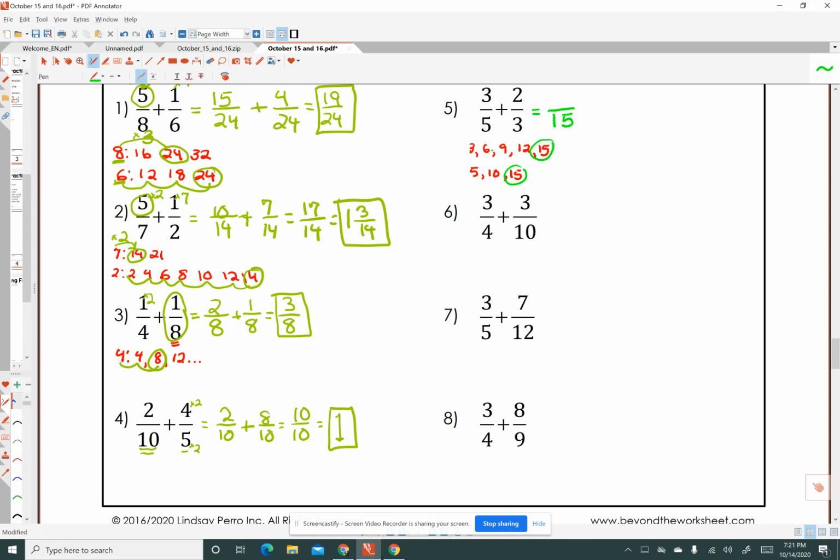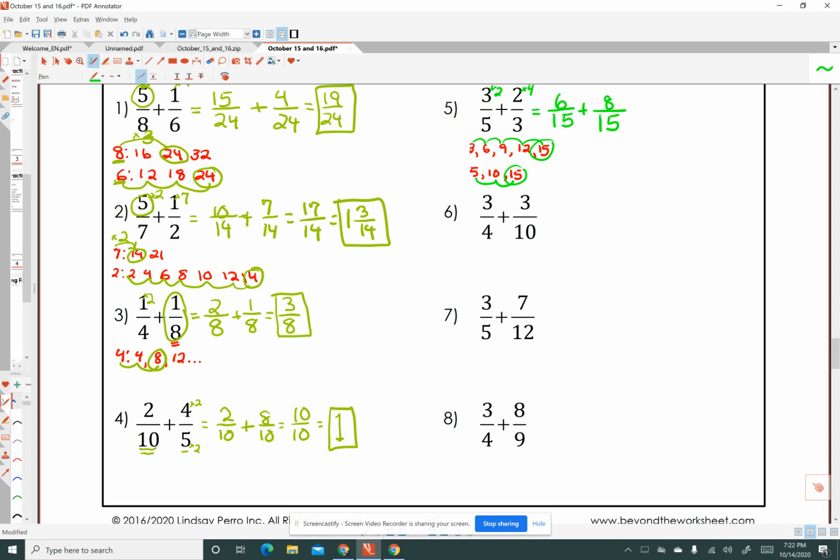Now, what did we do to get from 5 to 15? We multiplied by 3. So we're going to multiply the numerator by 3. And 3 times 2 is 6. And again, our denominator is 15. What did we do to get from 3 to 15? We multiplied by 1, 2, 3, 4.